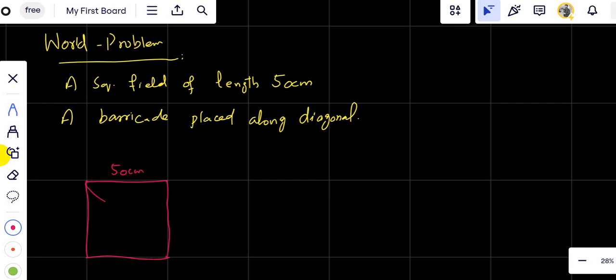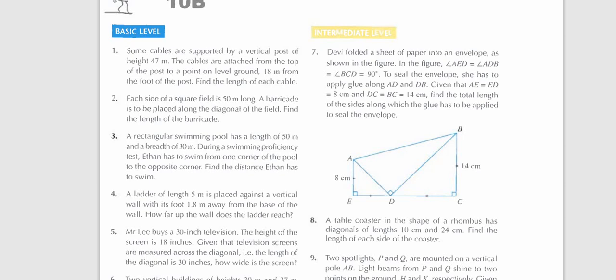By joining two opposite corners, this is called the diagonal. You can join these two as well, it's your own choice. So basically, in this question, we need to find the length of this diagonal.